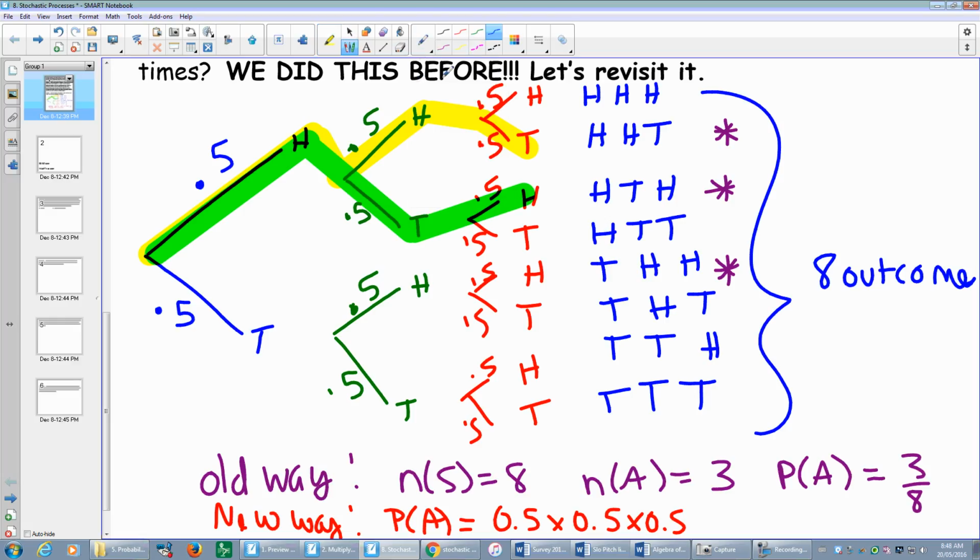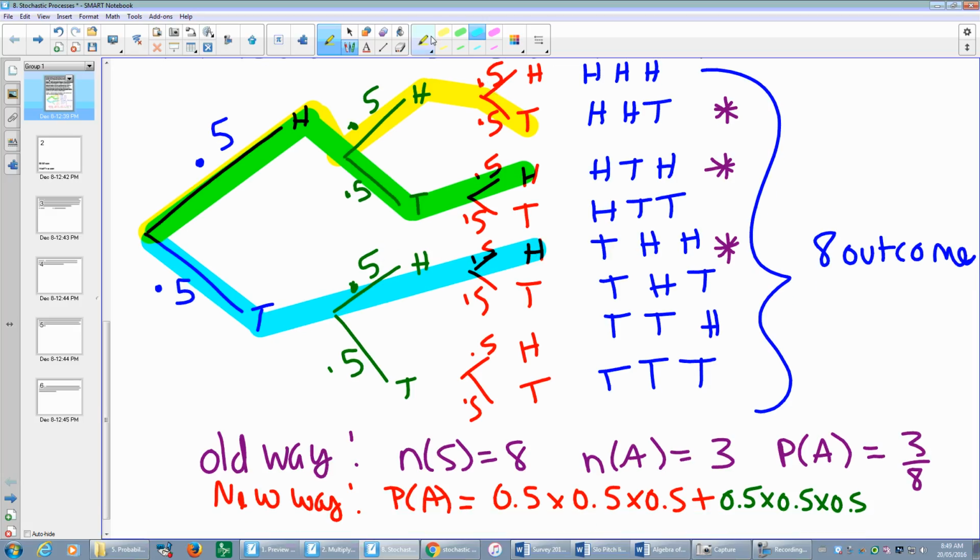I can have the first case, or I can have my next case here, which is 0.5 times 0.5 times 0.5. My third case, I can flip the tails, heads, heads.